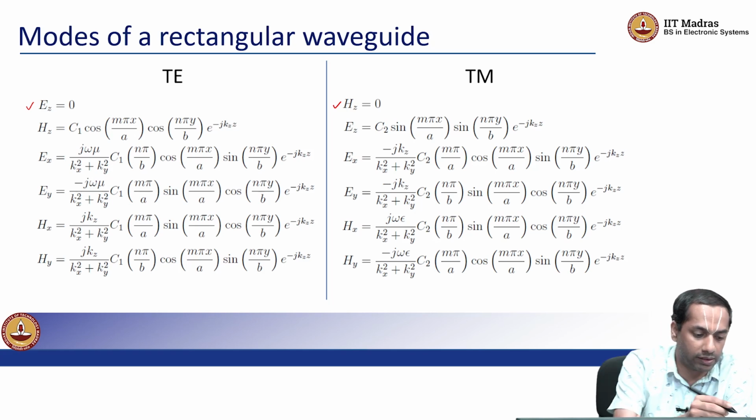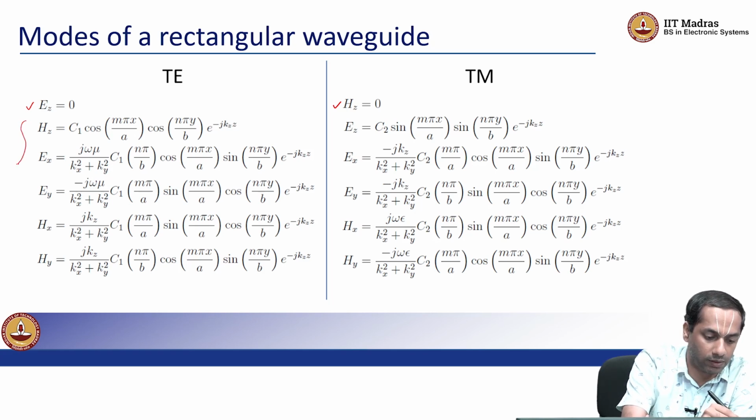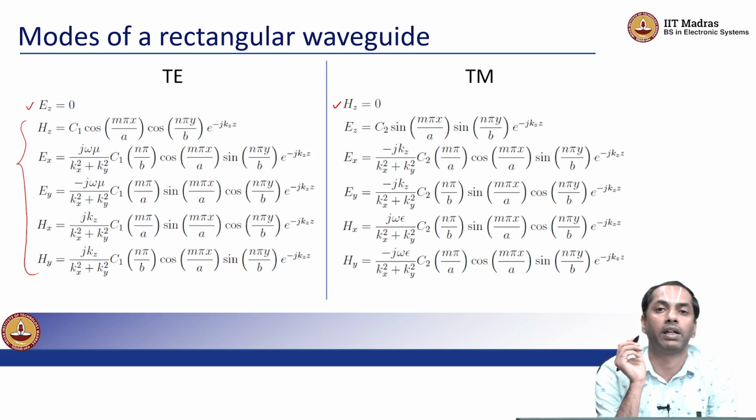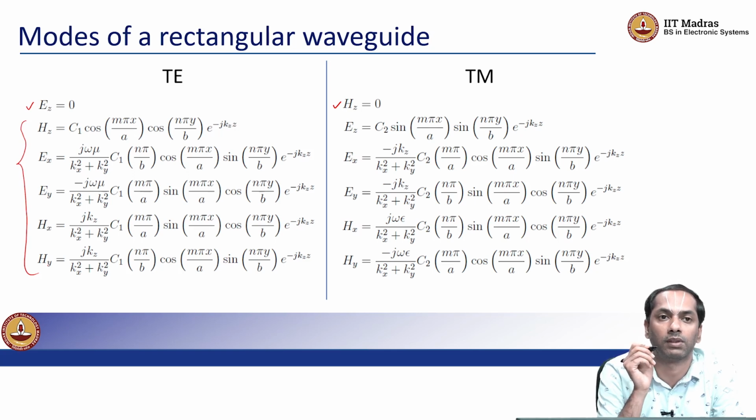Now, you can see that there is a fairly involved expression, right, but it should be no surprise that in the parallel plate capacitor we saw a transverse resonance condition which led to standing waves in the region between the parallel plates.